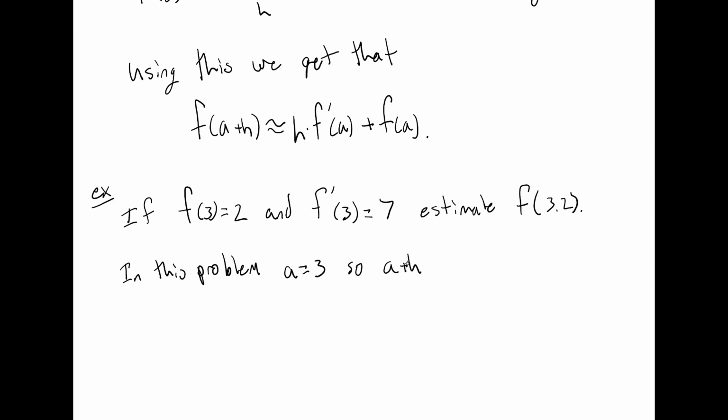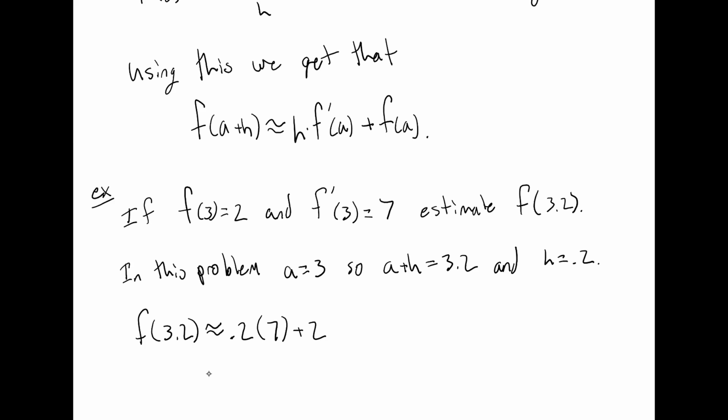So a plus h is 3.2, and h is 0.2. Very simple. So that means that f of 3.2 is approximately 0.2 times 7 plus 2.